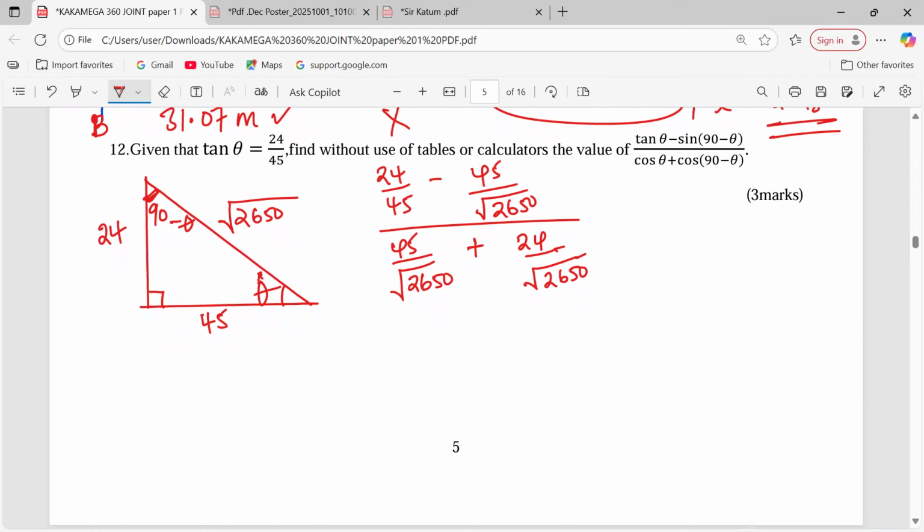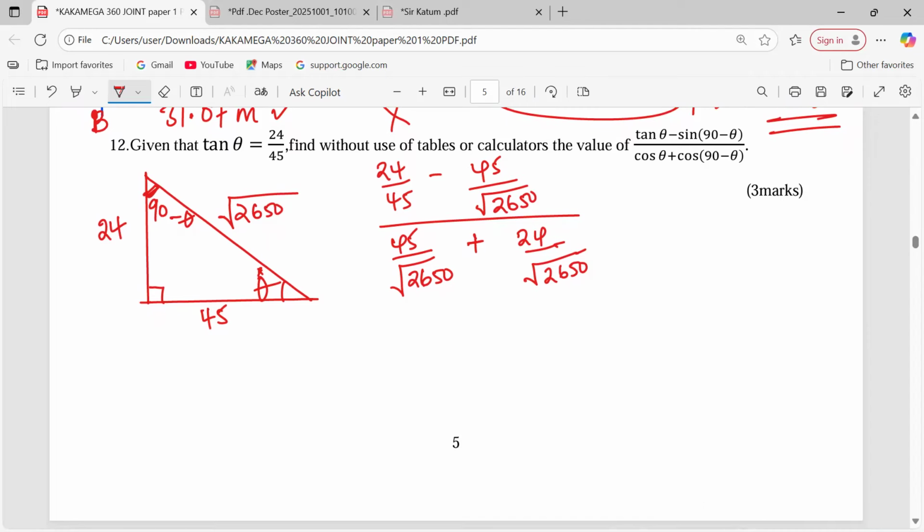So allow me to simplify with a calculator, because you are able to solve with a calculator, yes, but it will take us a lot of time.